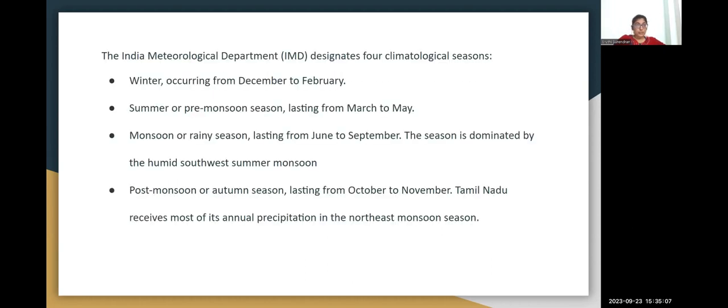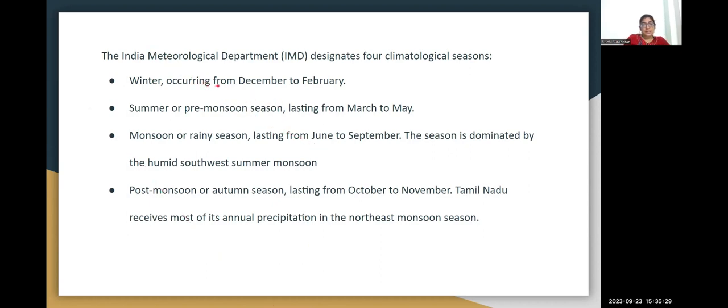Okay, let's move on to the solution then. According to the IMD, the Indian Meteorological Department, we have four major seasons: summer, southwest monsoon, winter, and northeast monsoon period. The northeast monsoon is considered as the post-monsoon period or the autumn season.